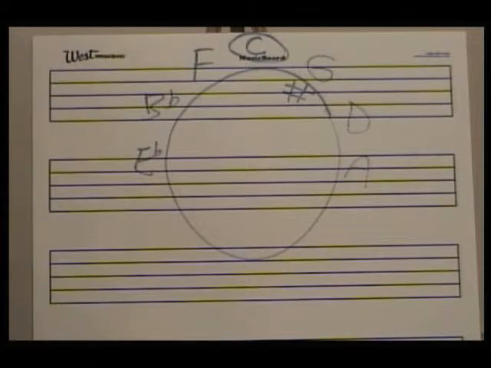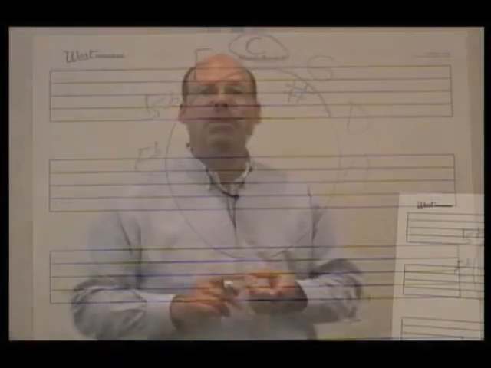If you'll look at your circle of fifths, it will help you remember your key signatures. It will help you name them, major and minor, and it will help you know what sharps and flats are in each key.